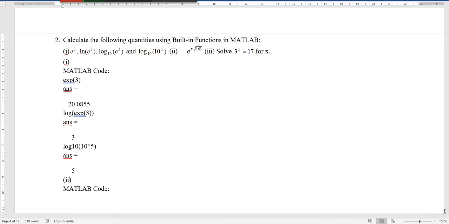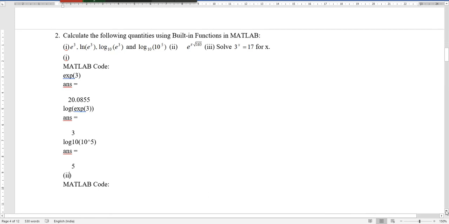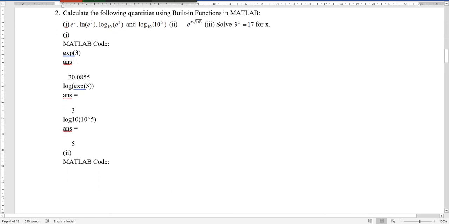I will write here: e means exp, not capital letter, exp of pi, pi means pi, into, use asterisk symbol for multiplication, sqrt for square root of 163.